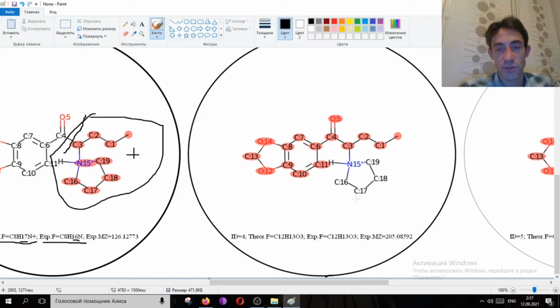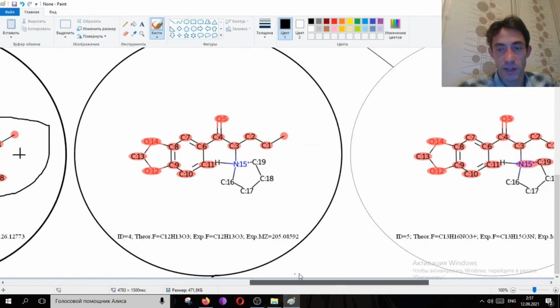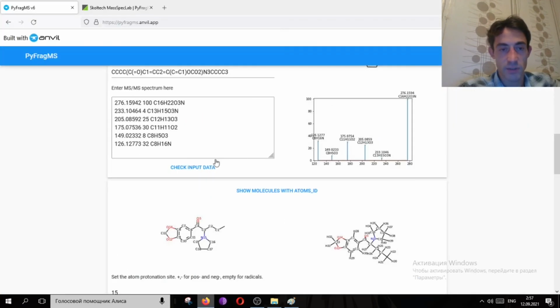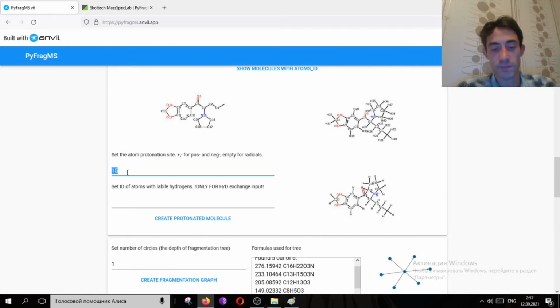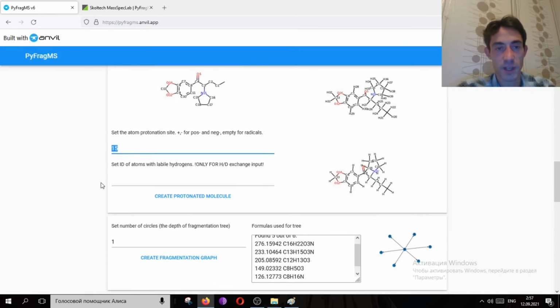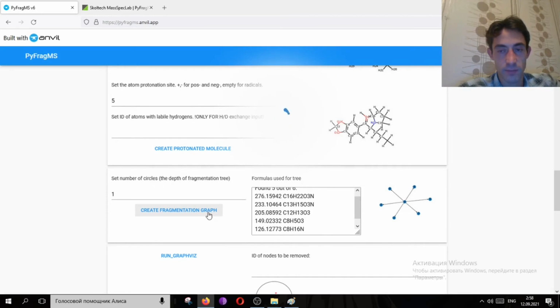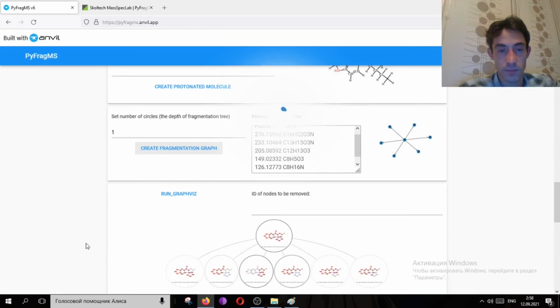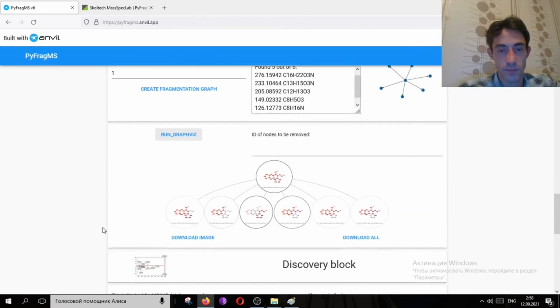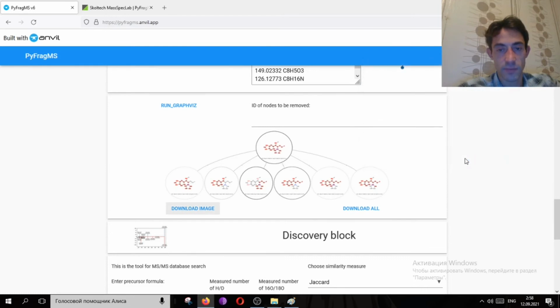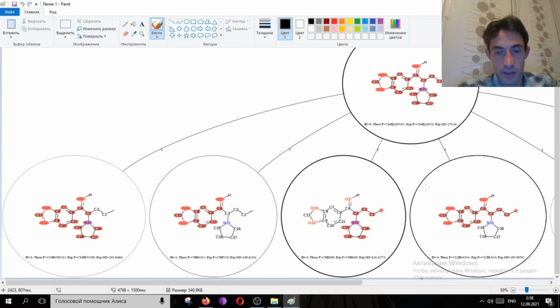So, for example, let's see this fragment. It will be better if I just show you the fragmentation when we are protonating oxygen. Okay, so now oxygen is protonated here.